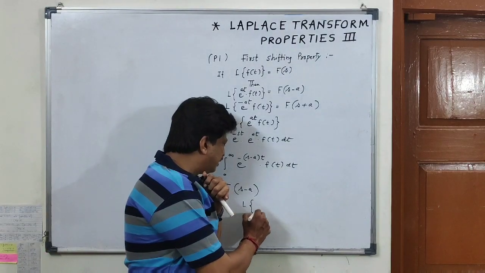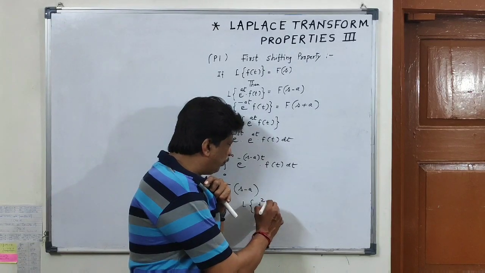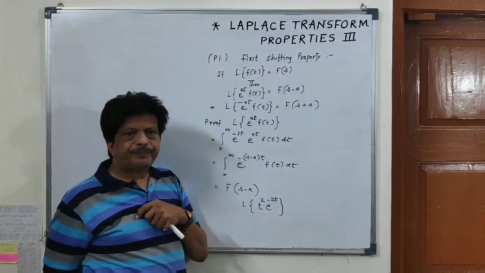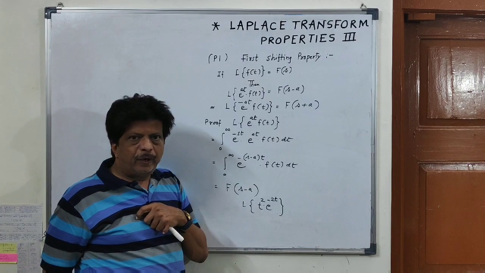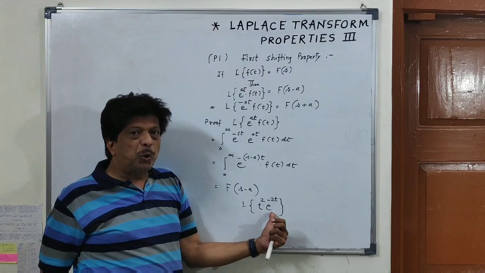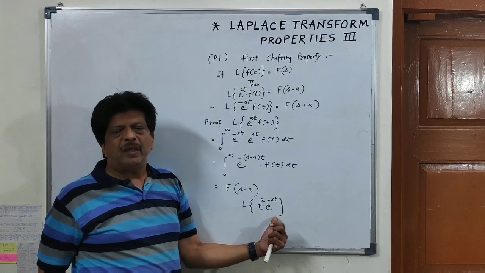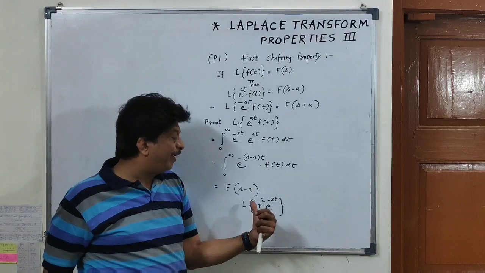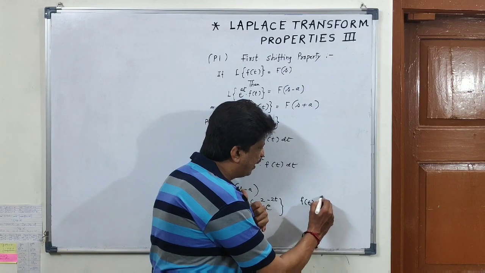In view of this, the Laplace transform of, say, t square into e raised to power minus 2t. Here, e raised to power minus 2t is the multiplier. So the function is f of t equals t square, other than the exponential multiplier function. What is the Laplace transform of t square? f of t is t square.